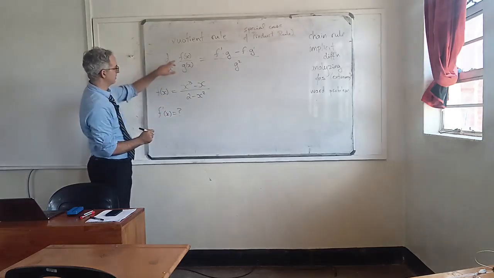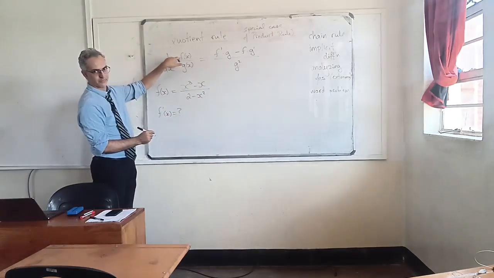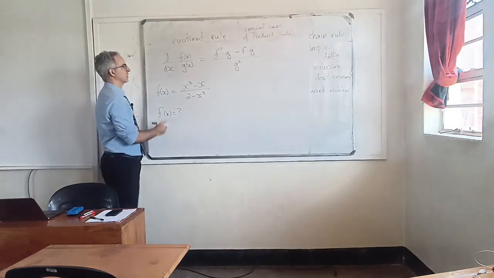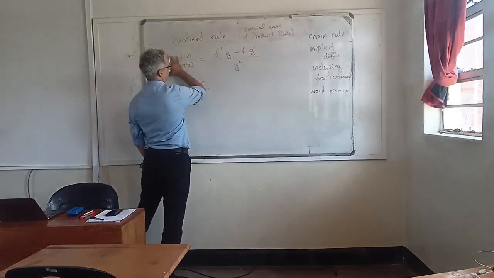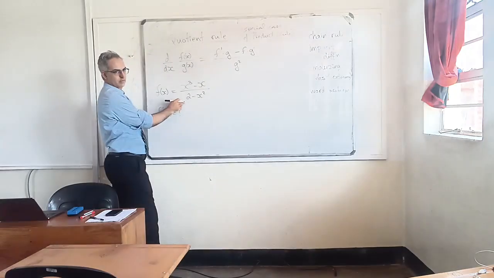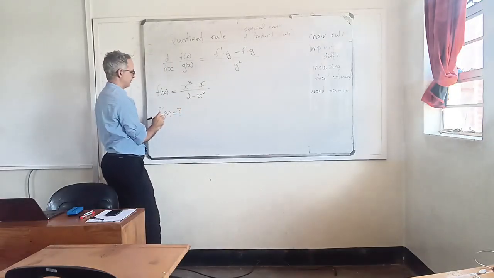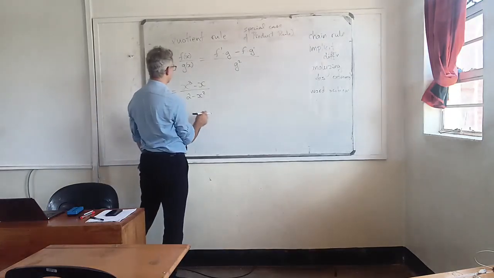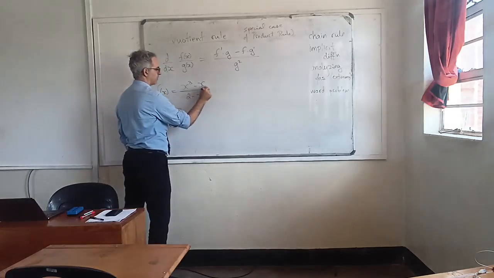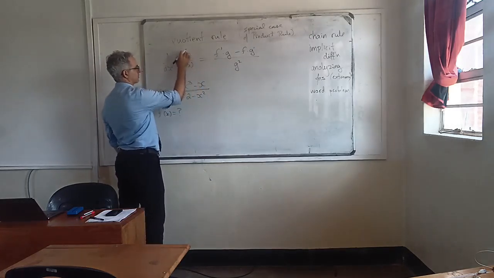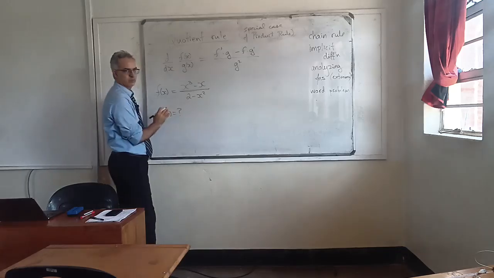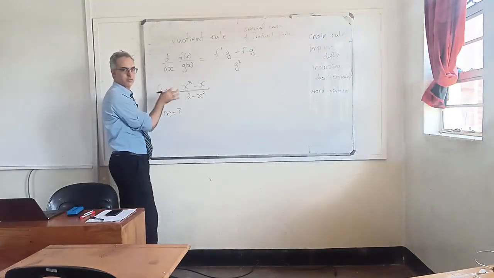Notice, this f is not the same as this f. This is f within the context of this. Here, f is the entire quotient. Okay? So, how would we approach this? We say, okay, anything above the line is considered this upper part there, and there's another function below in the denominator. Numerator and denominator.